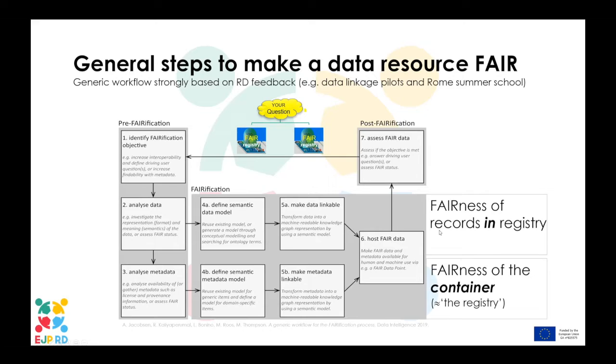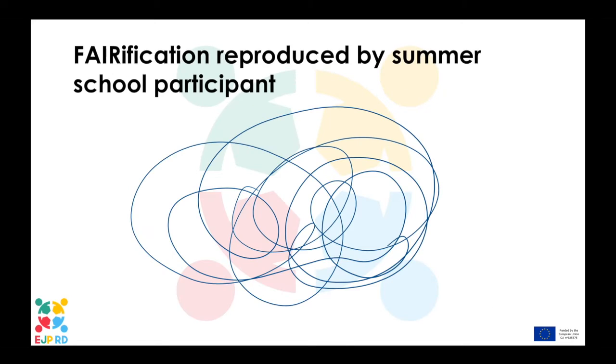You will see these 2 elements also back in our attempts to answer your questions. In the summer school, for instance, we go through this workflow in 2 days. Usually halfway through that session, if participants are asked to reproduce it, you'll get something like this. So that you are a bit confused is quite normal. It's quite an elaborate process to go through.